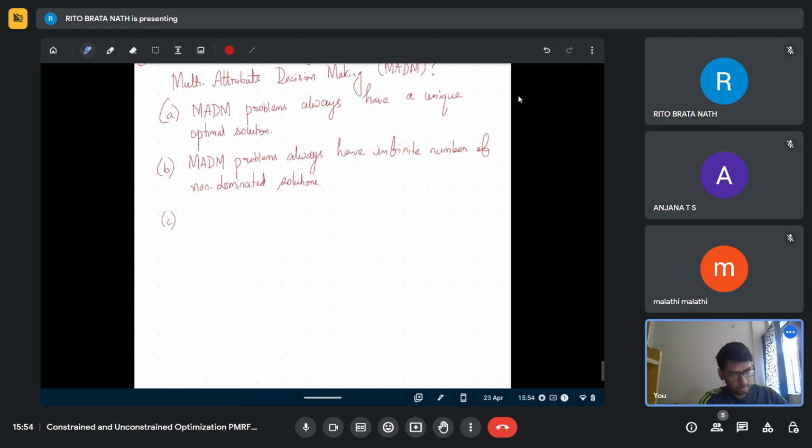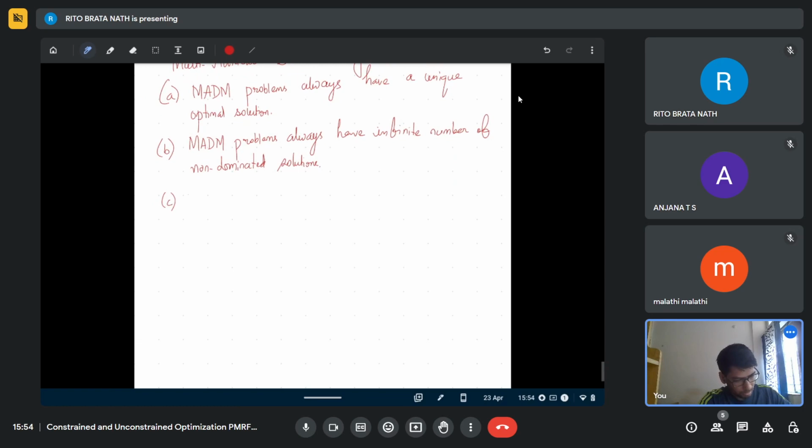Option C is: MADM problems have a set of non-dominated or Pareto-optimal solutions, which is true.